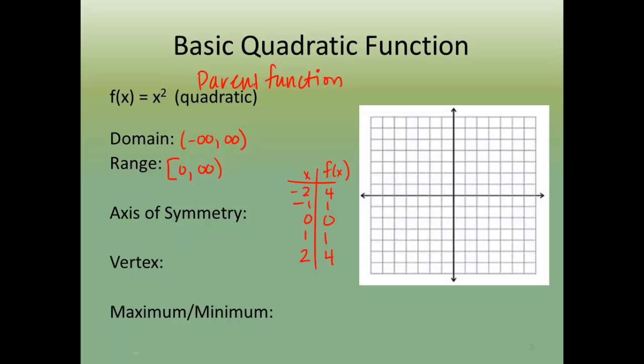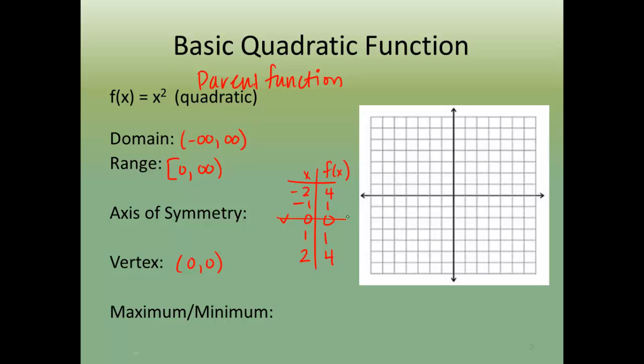I see a pattern that looks kind of similar to the pattern we had with absolute value, and it does share similarities. It shares this symmetry across what we call the vertex. So this value, 0, 0, that ordered pair, is the vertex. It's the stem of where our symmetry will begin.